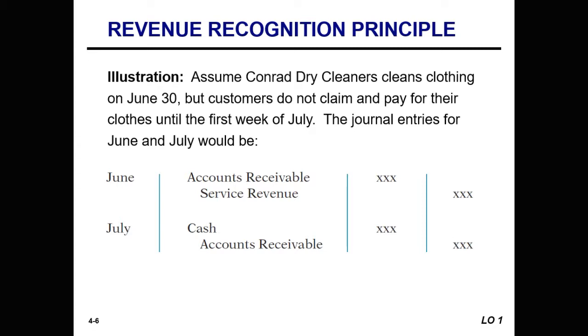When the customer comes in and pays for the clothes cleaning, and then they also claim their clothes by remitting cash, we reduce the accounts receivable by the amount of cash. Service businesses recognize their revenue when the services are performed. Many times, customers have to be billed for those services. When we bill our customers, we create the asset, accounts receivable.